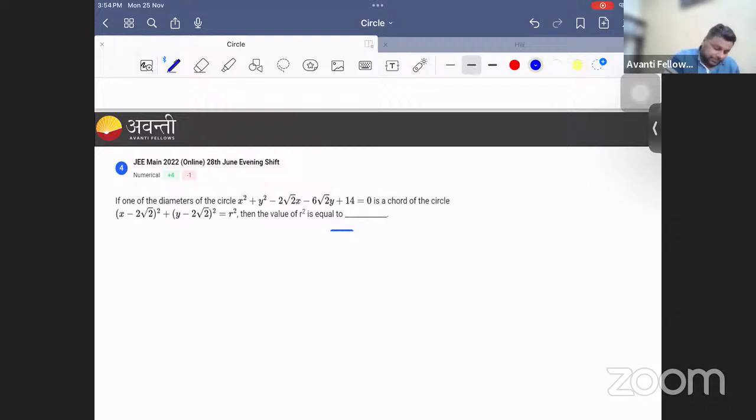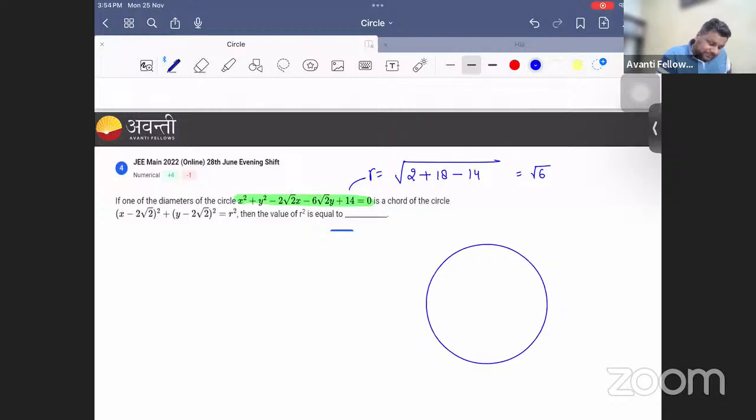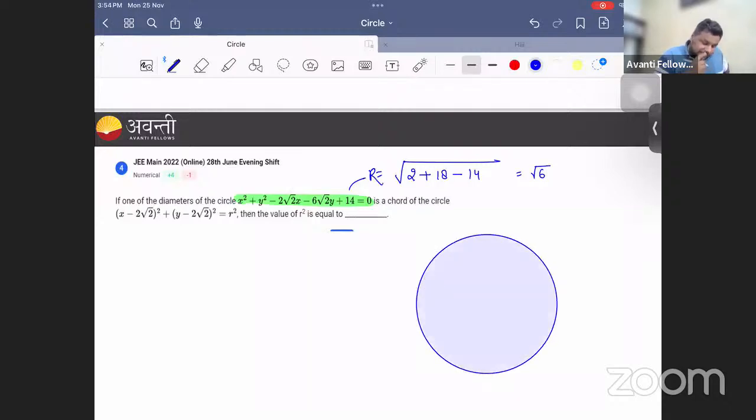Now see, for the first circle, what is the radius? The radius is the square root of g square, that is 2, plus f square 18, minus c. Got it? So this is root 6. Now for this other circle, I call this radius capital R. This circle has a chord, because this chord is a diameter of the previous circle, so the length of this chord is 2 root 6.